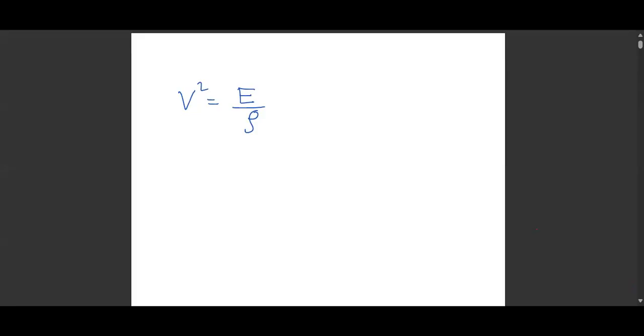Then v is the velocity of the sound along that medium. Now for this case, we shall begin by saying our Young's modulus E is given by tensile stress divided by tensile strain.